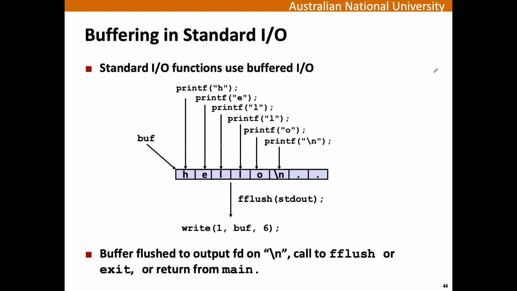If you have a program and you say printf HELLO, it will only write to the terminal when an end of line is encountered or when you execute a special function called fflush. It does buffering. That's why when you use printf in your programs, sometimes funny things happen. You don't see the output right away because there is internal buffering going on.